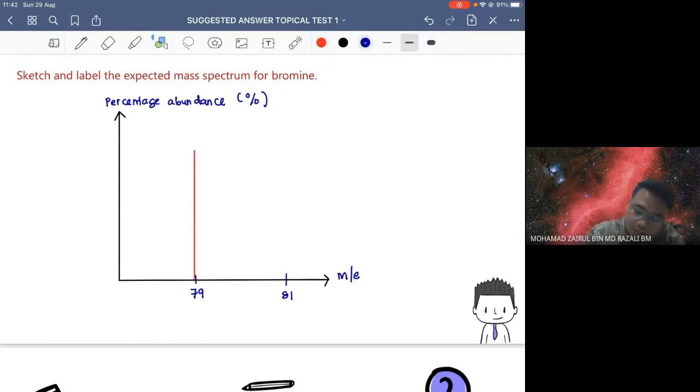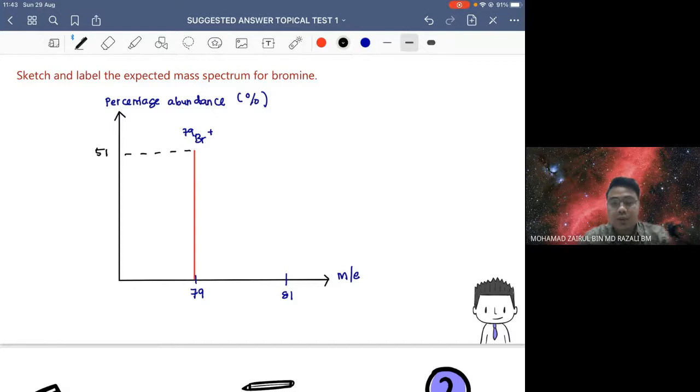And then kita label. So, ini adalah bromine 79 plus. Sebab kalau dalam mass spectrum, ion dia adalah positive 1. So, and then kita boleh buat dotted line yang menunjukkan dia punya value adalah 51%.